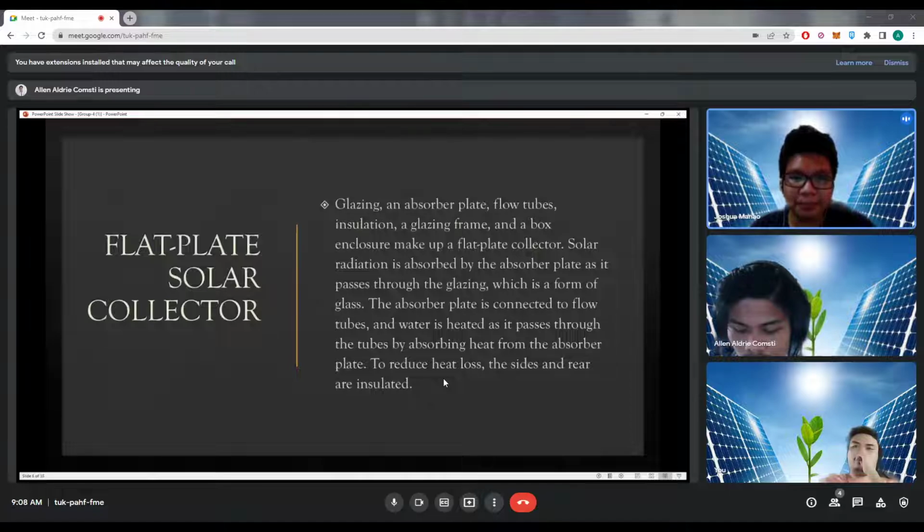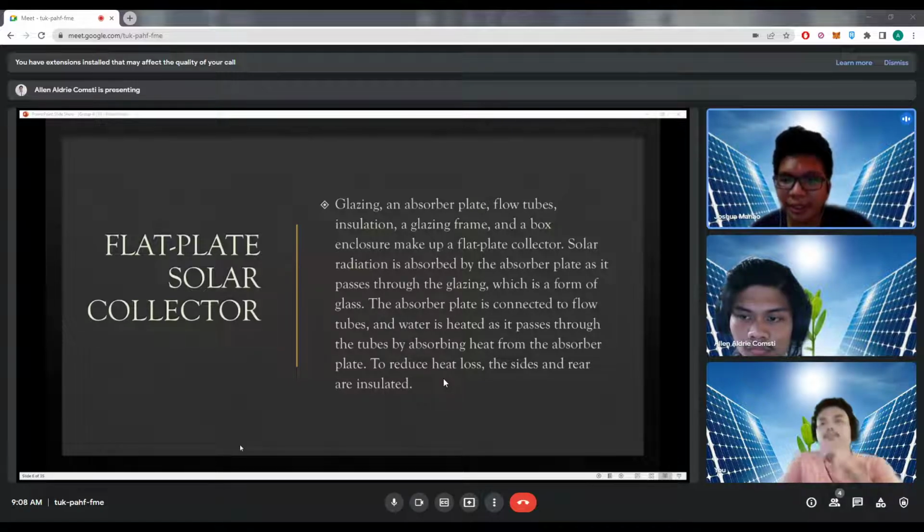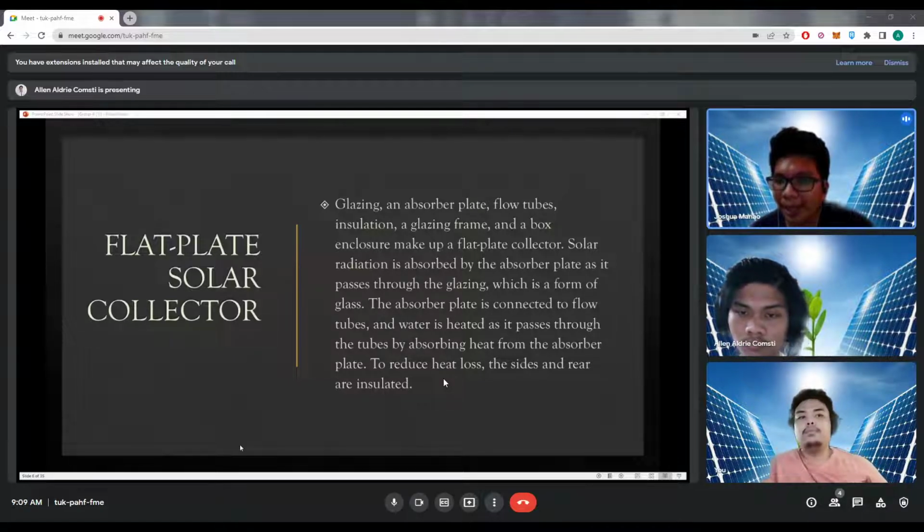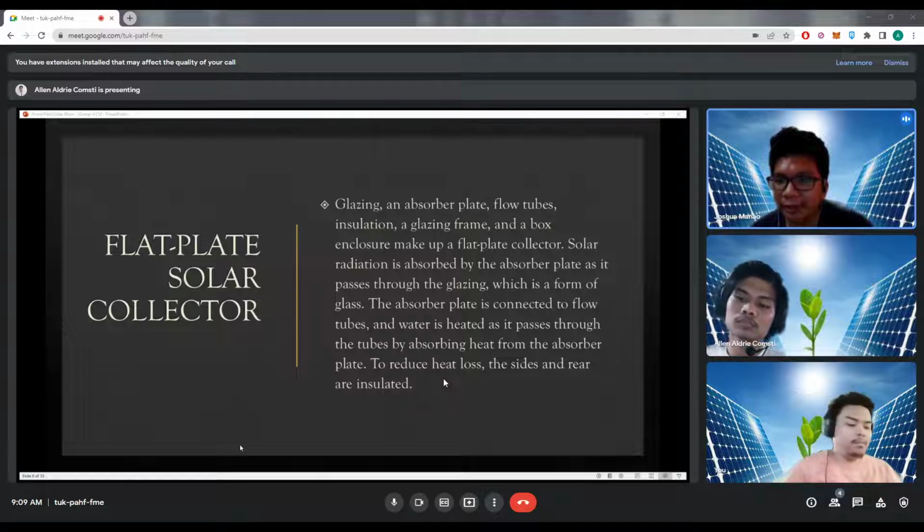Next is the flat plate solar collector. Glazing, an absorber plate, a flow tube, insulation, a glazing frame, and a box enclosure make up a flat plate collector. Solar radiation is absorbed by the absorber plate as it passes through the glazing, which is a form of glass. The absorber plate is connected to flow tubes.